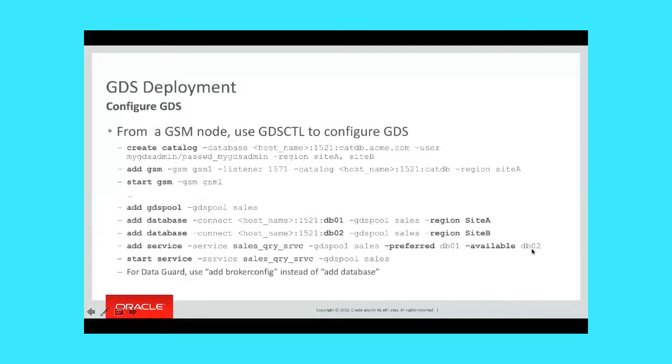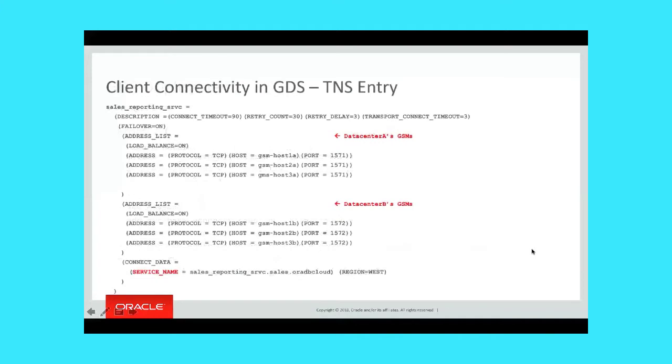Okay. So that's done. Now, what are the changes from the application side? How would my TNS connectivity look? This is very similar to what you've been used to. So my TNS entry would list an alias, and I would follow the max availability best practices and specify the connect timeout, transport connect timeout, retry count, retry delays.